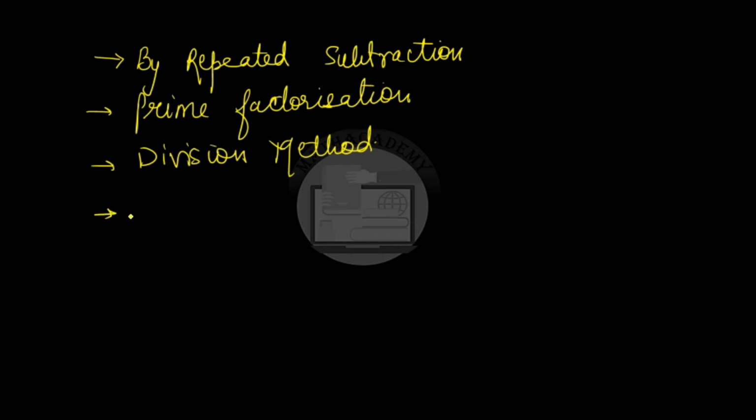Sometimes we can also try to estimate the square root of a given number. These are the different ways in which we can find out the square root of any given number, and we will be seeing each of these methods one by one in our upcoming videos.